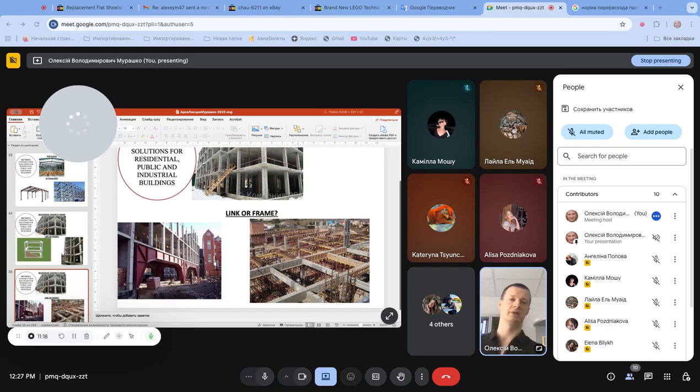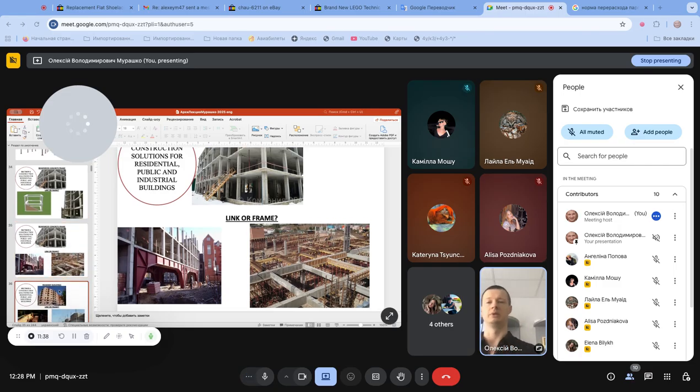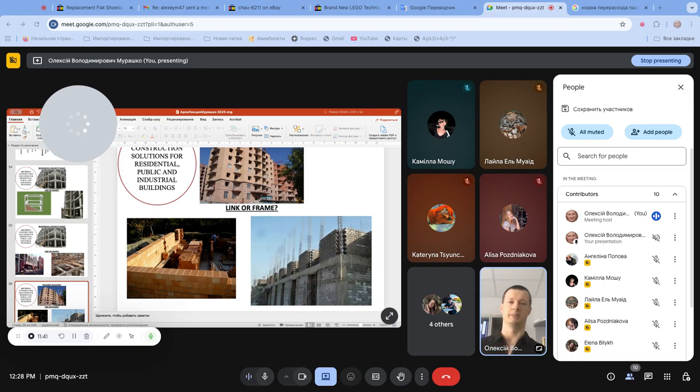Also, when we are considering this reinforced concrete building, it is also possible to make it with the frame method. So both link and frame can be used for reinforced concrete, but I think it is easier to make the connection between horizontal and vertical elements with the link method. But when we're talking about masonry buildings, we don't have any option.